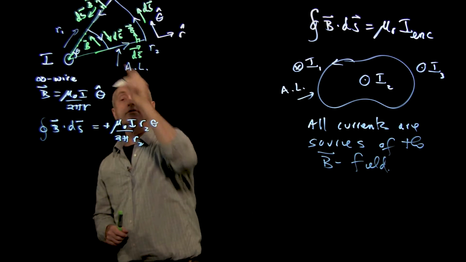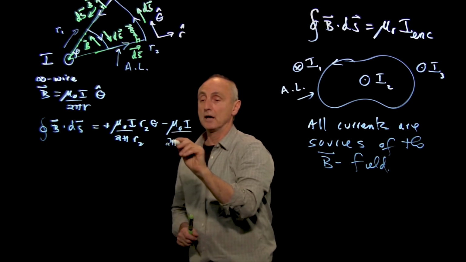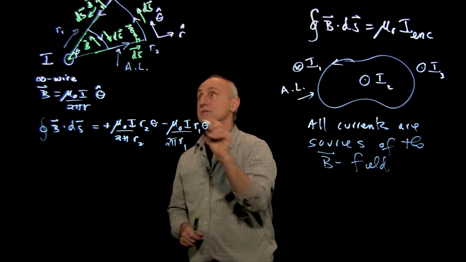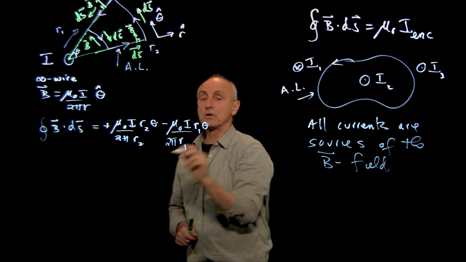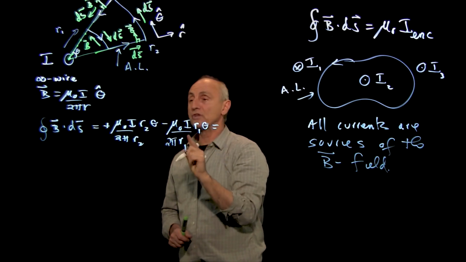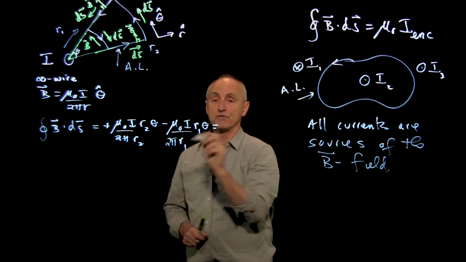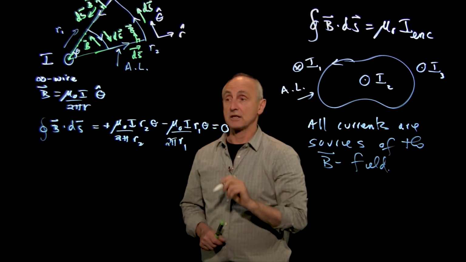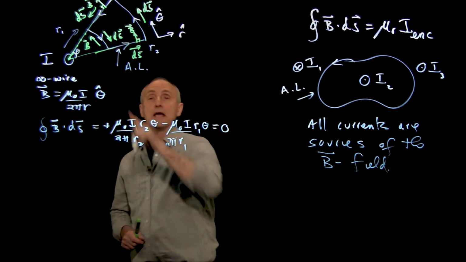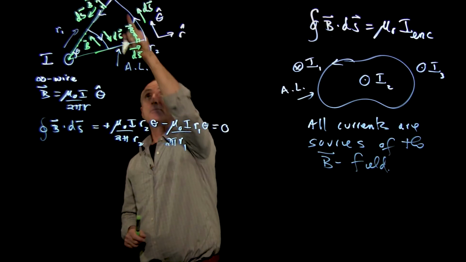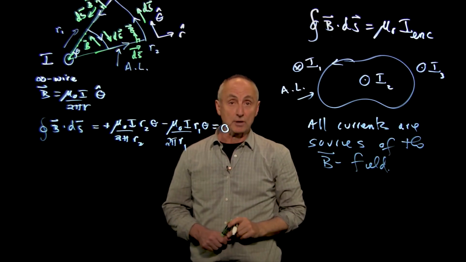And on this leg, it's negative, so we get minus mu naught I over 2 pi r1 times the same angle, r1 theta is the arc length. You can see that because the B field goes like 1 over r, and the length of the path goes like r, these 2 effects cancel. And that's precisely why when I is not enclosed inside the Amperian loop, in this very particular loop, the line integral of B around a closed path is 0.